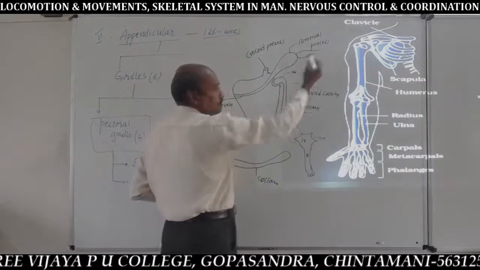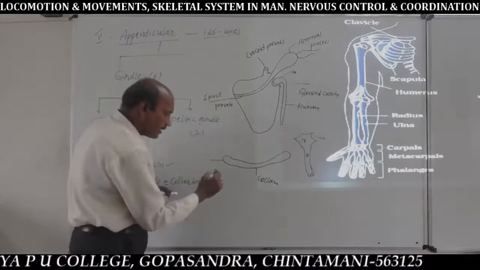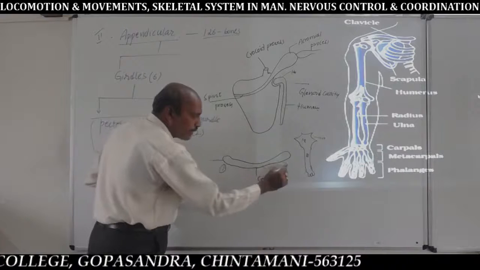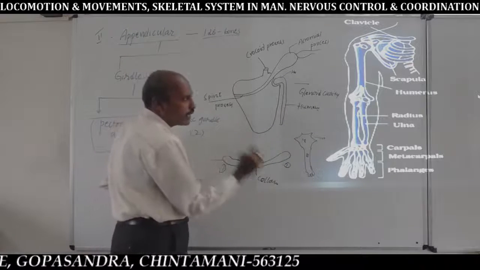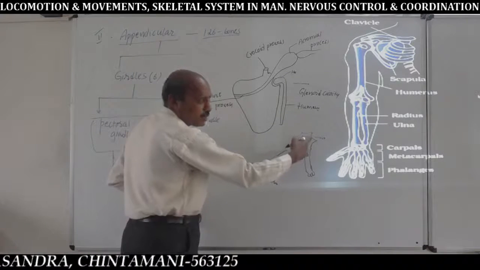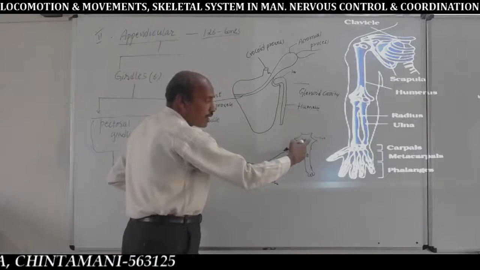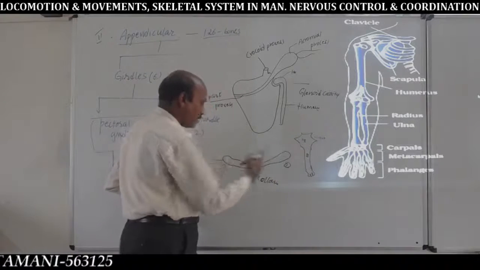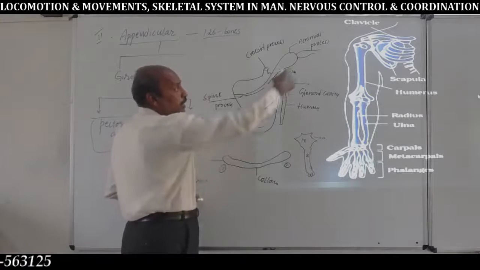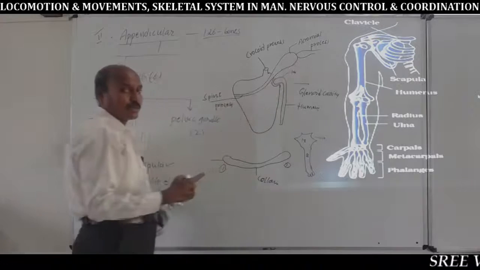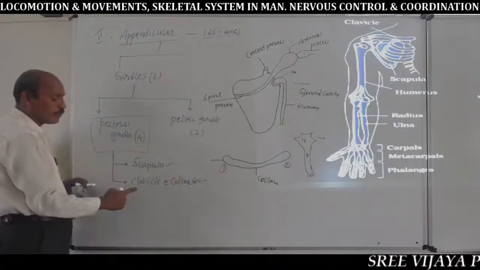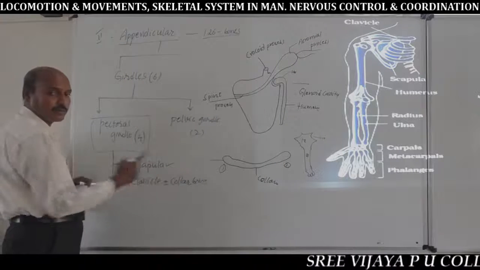Listen here, your collarbone has two free ends. One free end articulates with the clavicle notch of the sternum bone, and the other free end articulates with the acromial process. This is the structure of the clavicle or collarbone.